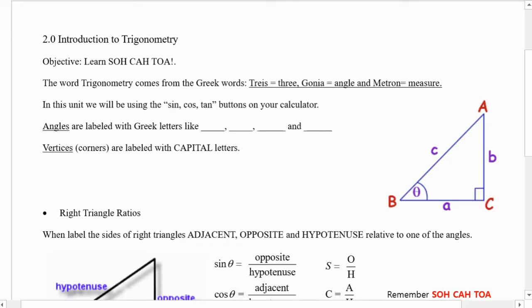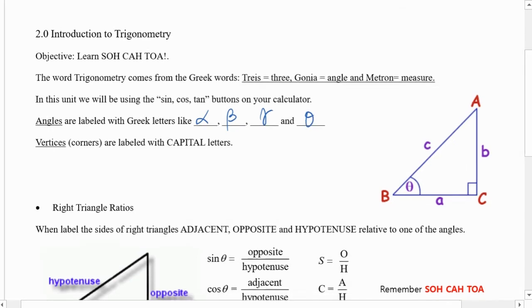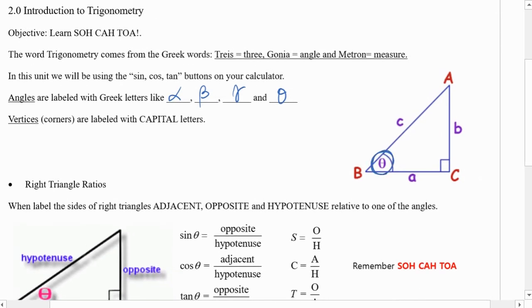Angles in trigonometry will be labeled with a Greek letter like alpha, beta, gamma, and theta. Here, this is the angle, so we use theta for this angle, all right?